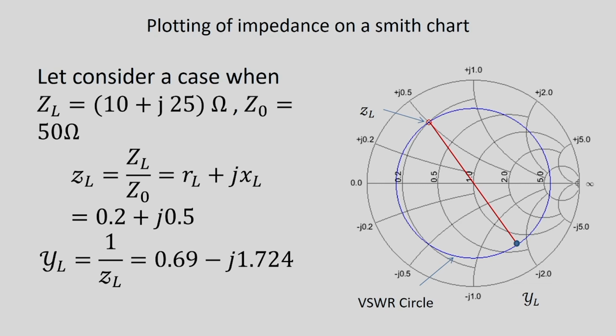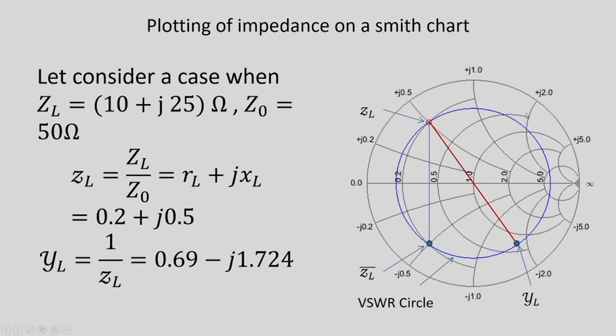Similarly, if we drop a line from here intersecting this axis, then the point where we touch the constant VSWR circle will give the conjugate of ZL. So, starting from a load point on this Smith chart, we can plot YL, and we can plot ZL bar.